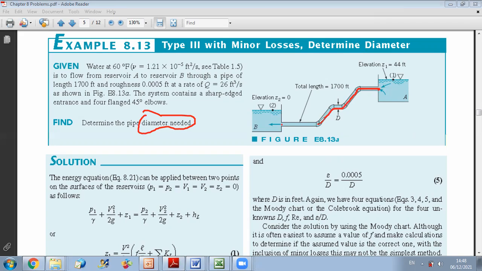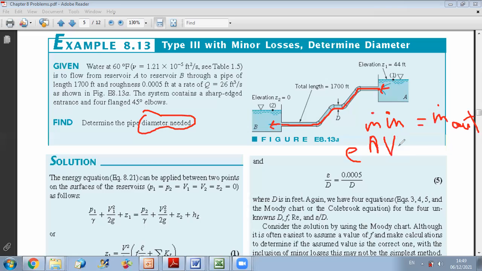This implies that because you have steady flow, m dot in is equal to m dot out. Now you know that the expression of m dot is rho times cross-sectional area times V.